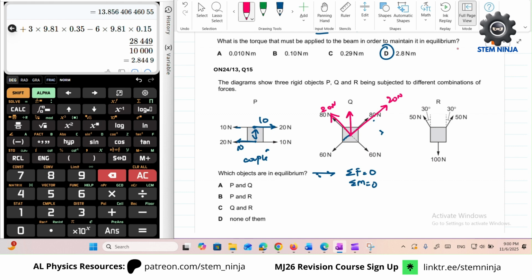So no. If we look at this one, 50 sine 30, oh sorry, cos 30 and 50 cos 30. So cos of 30 is root 3 over 2.